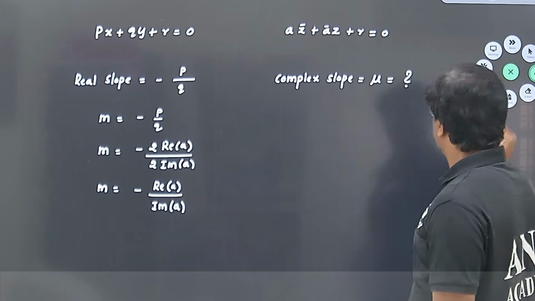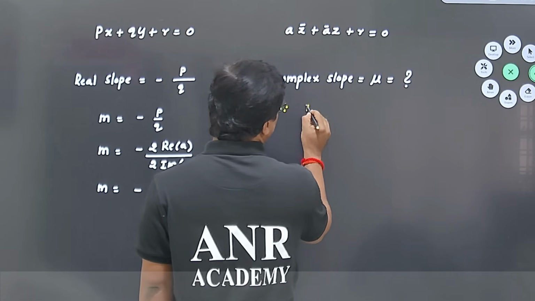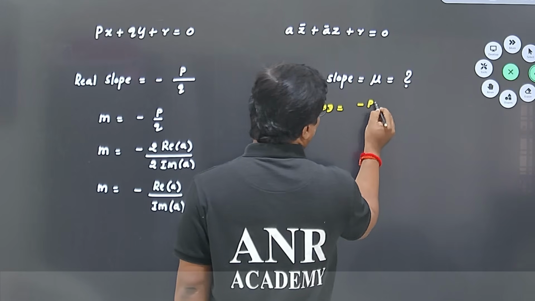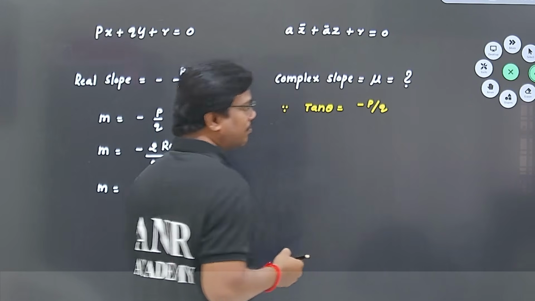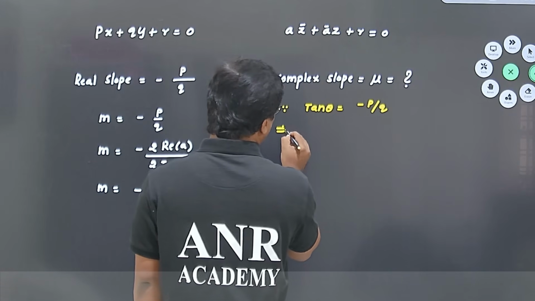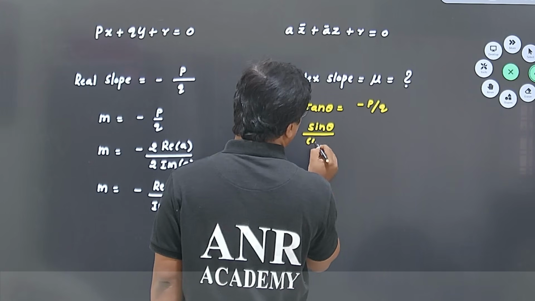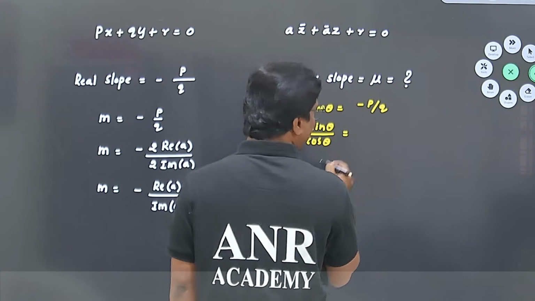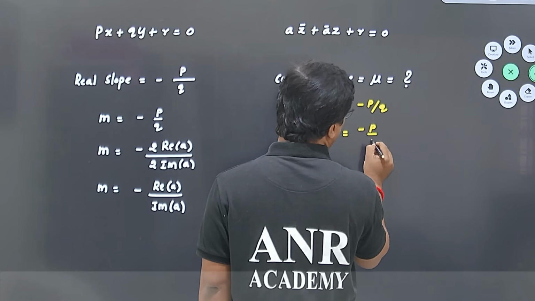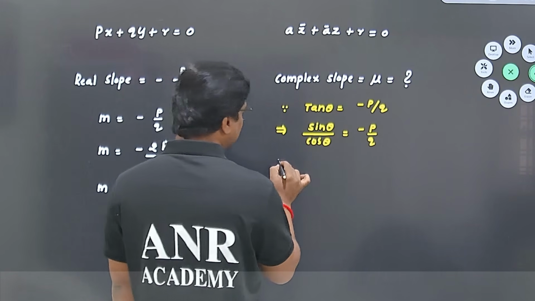You know that tan theta is the slope, denoted by minus p divided by q. Tan theta equals minus p by q, so I can write sin theta divided by cos theta equal to minus p divided by q. Next, observe what I am doing.